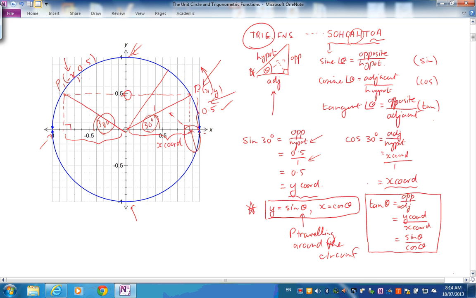So is there any value in that? What have we just done? Well, let's have a look. What is the angle now that we've traced out to get to the new position of P? Well, it's 30 back, so these triangles are congruent and match. That is 150 degrees, isn't it?